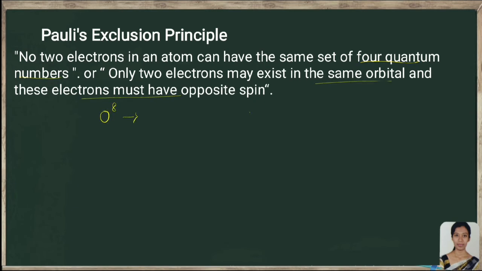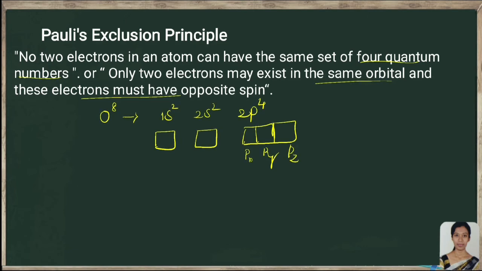As we write the electronic configuration 1s2, 2s2, 2p4, we have filled electrons by using the Aufbau principle and the n plus l rule. These are the px, py and pz orbitals. We have filled electrons in this way.